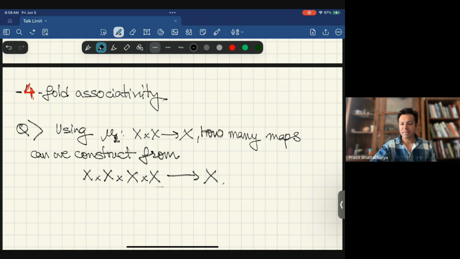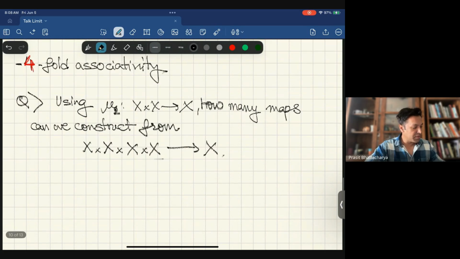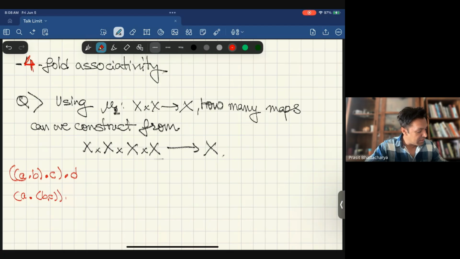Let's think about this. I know how to multiply two things. So you can do something like A dot B dot C dot D, or you can do A dot BC dot D. You can do different stuff.